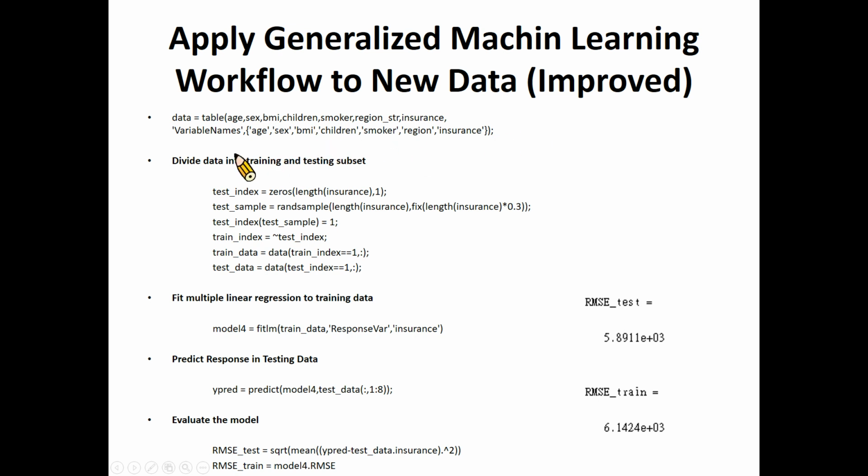And remember, in MATLAB, you can see that we use the comma to separate each variable. Then we will use the single quotation mark to specify that this is a string.